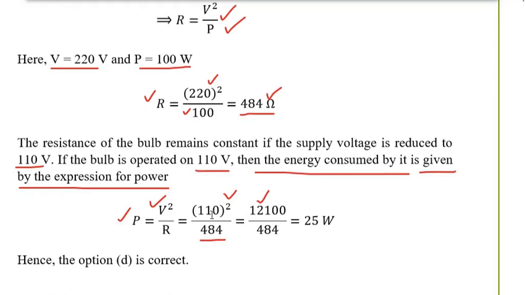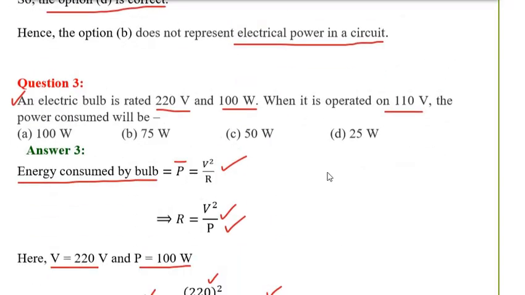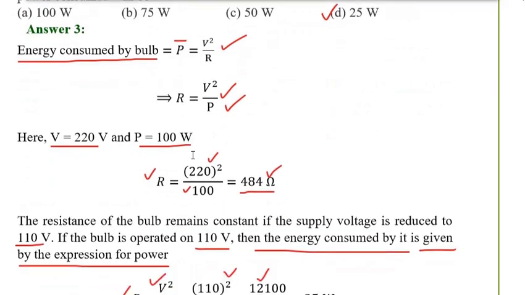So the square of 110 will be 12100 by 484. Then this is divided by 484, then we get 25 watt, and 25 watt is in option D. So the correct option of question number 3 is D. Hope there is no problem to understand the explanation of question number 3.